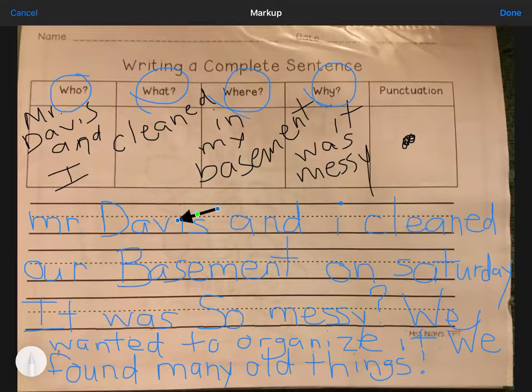Mr. Davis and I cleaned our basement on Saturday. It was so messy. We wanted to organize it. We found many old things. Okay. That's my sentences, I should say.